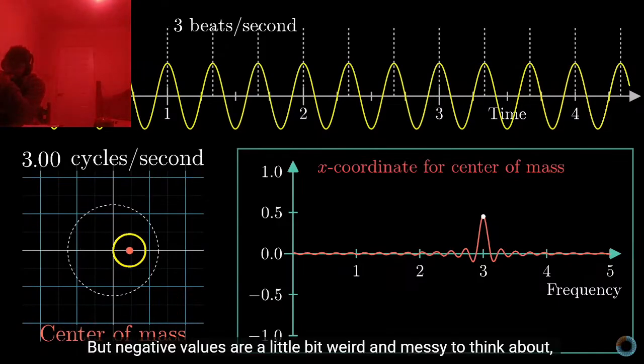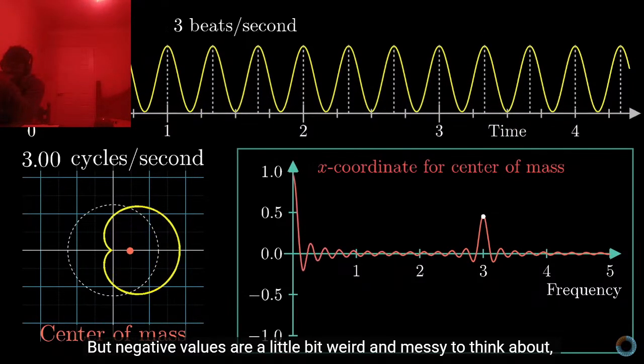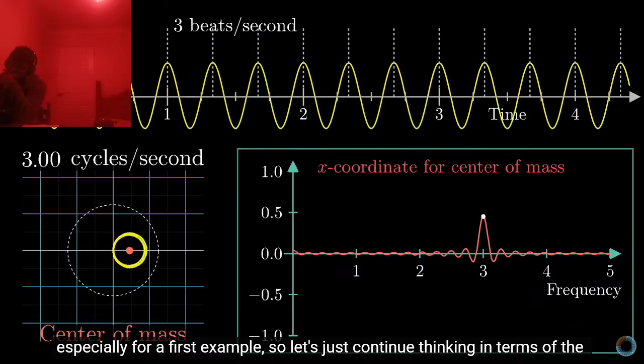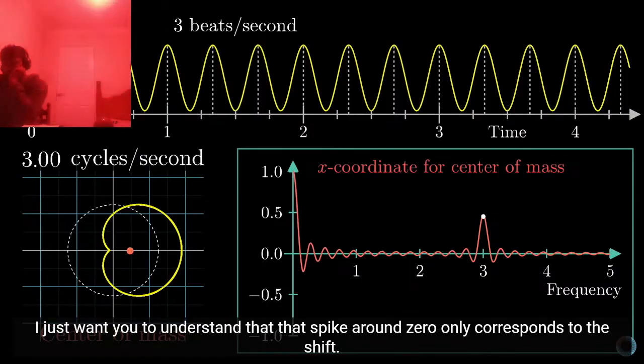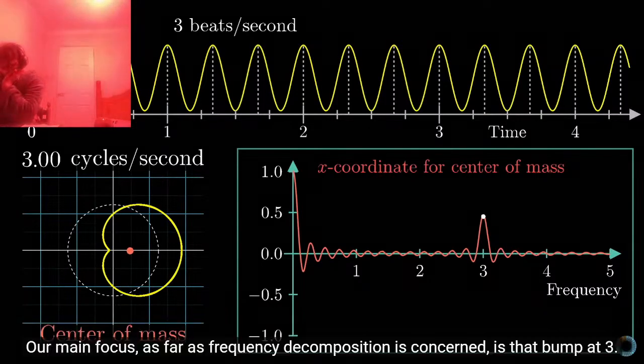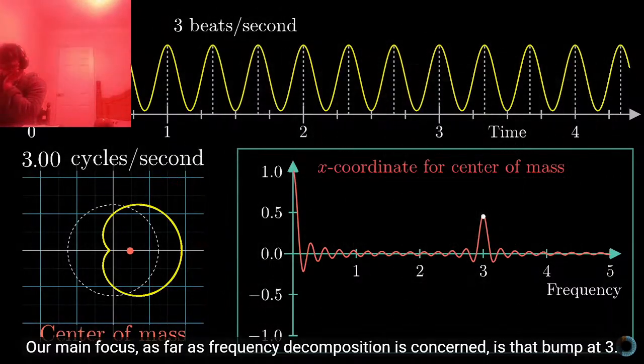But negative values are a little bit weird and messy to think about, especially for a first example, so let's just continue thinking in terms of the shifted up graph. I just want you to understand that that spike around 0 only corresponds to the shift. Our main focus, as far as frequency decomposition is concerned, is that bump at 3.